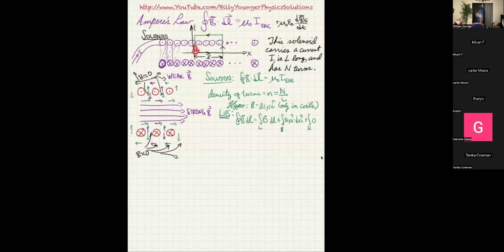And then the magnetic field here and here with the dl here is also 0. So that's why that's actually equaling 0. Plus we've got one more term, and that's the top, so the integral over the top, and that one's super 0, so that's 0 dot dl, because it's just weak the whole time, right?